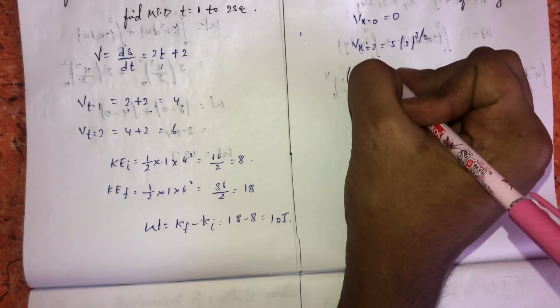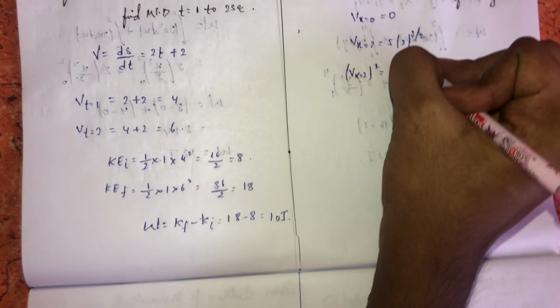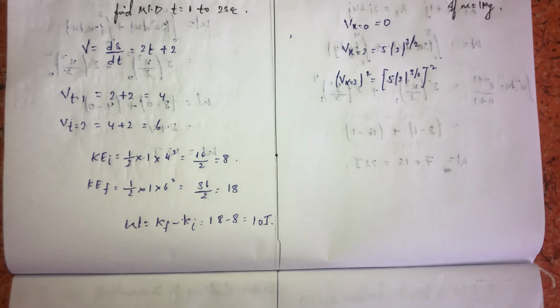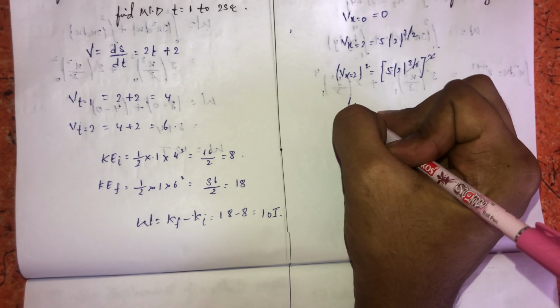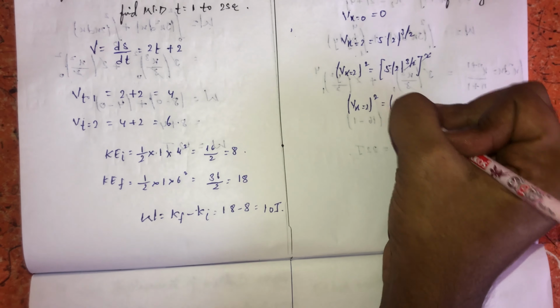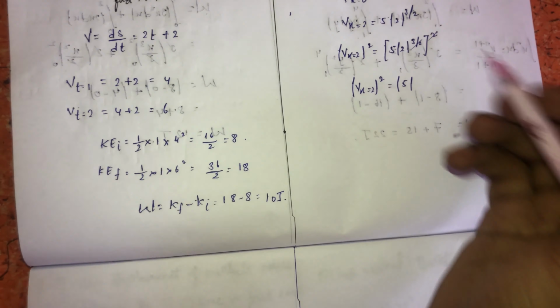V at x equal to 2 square is equal to 5 times 2 to the power of 3 by 2, whole square. Then the 2 will get cancelled. Finally we are left with V square at x equal to 2 is equal to 25 times 2 to the power of 3. Then 2 to the power of 3 will be equal to 8.